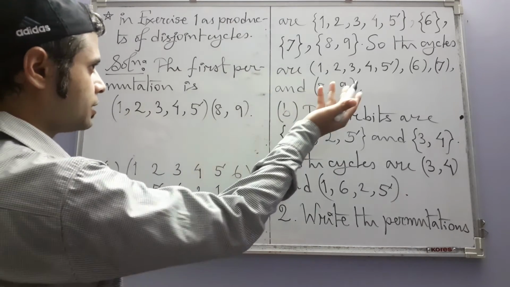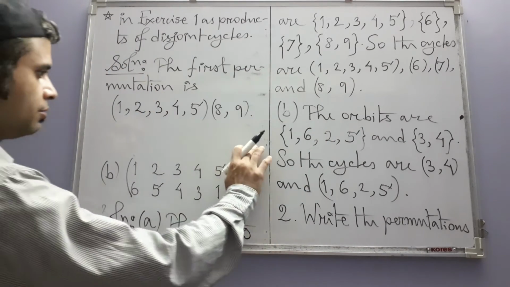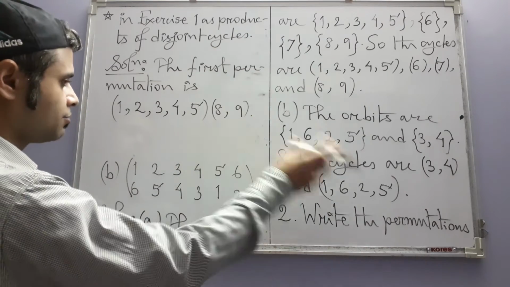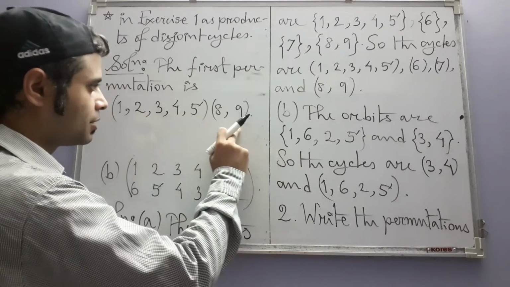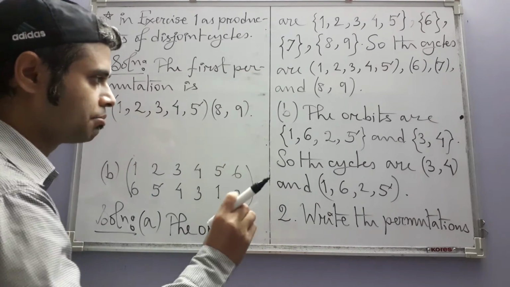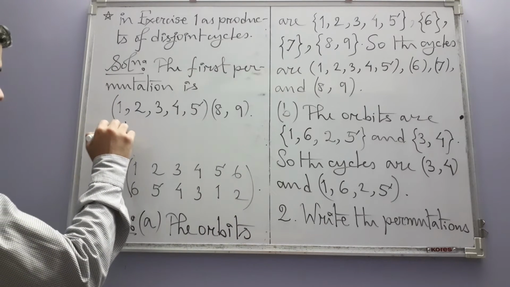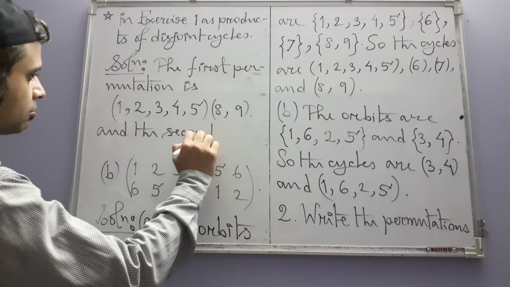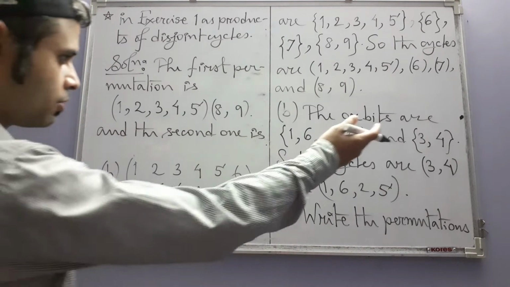We already know there is no point writing a one cycle. By convention, we know that if a symbol from the set of symbols on which the permutations are acting is not present here, it just means that the permutation keeps that symbol fixed. And the second one is the product of these two.